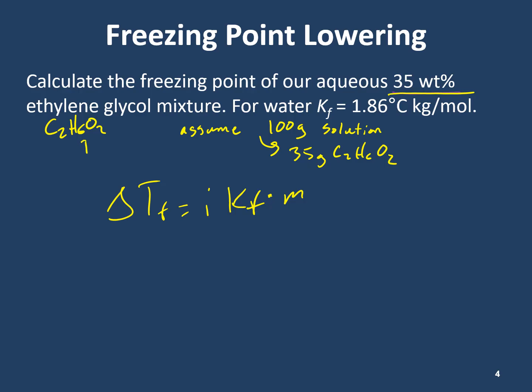Ethylene glycol is this guy. It's a non-electrolyte. So i equals 1. And KF is given. It's right here. We need to calculate molality. So I need moles of ethylene glycol.